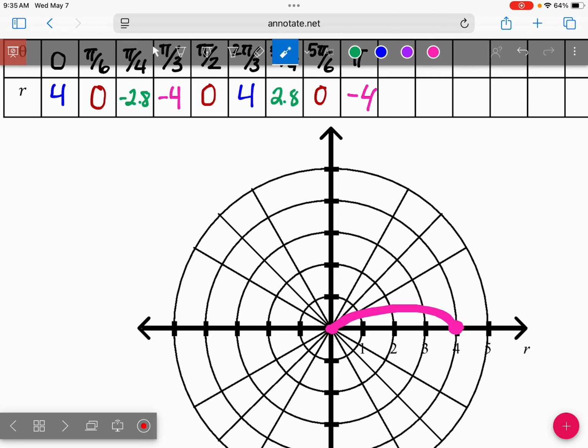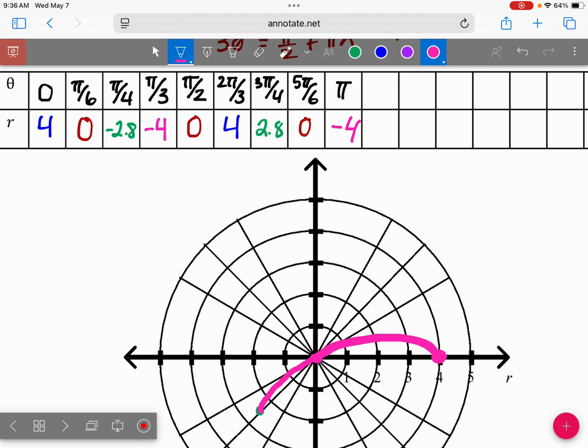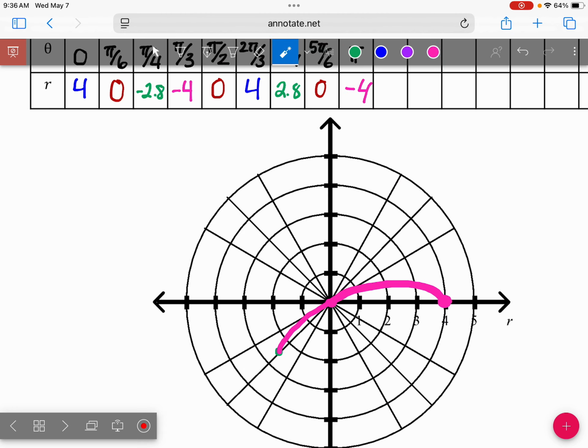So we're back over here at this point. So this one's going to connect out to here. For our pi over 3, we're at -4. So we're down over here because we took our negative over here. So this is going to be that point right there.